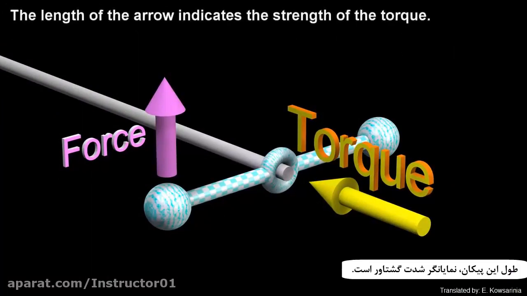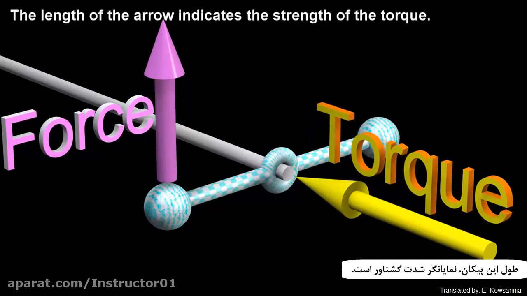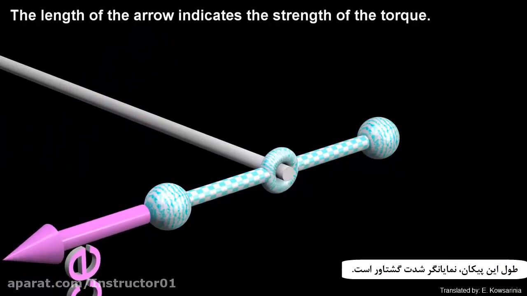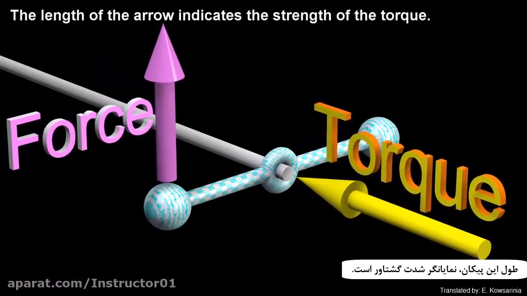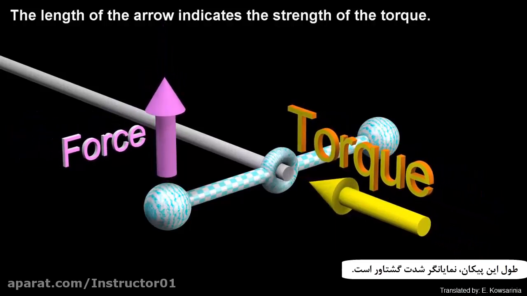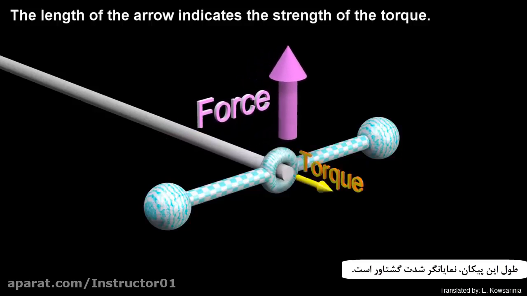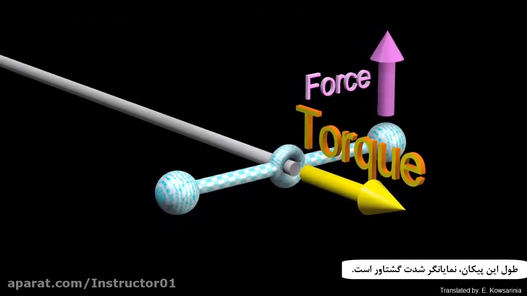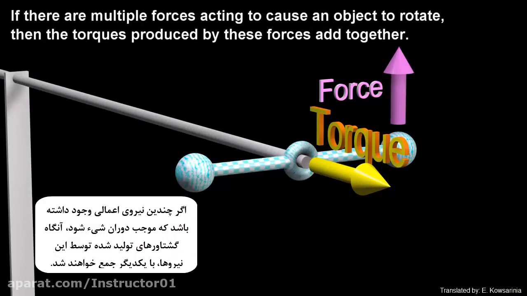The length of the arrow indicates the strength of the torque. If there are multiple forces acting to cause an object to rotate, then the torques produced by these forces add together.